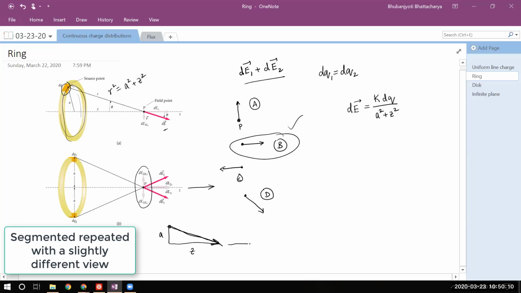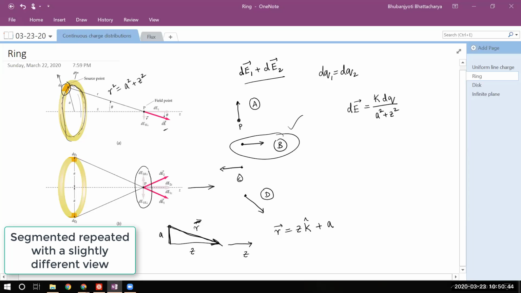And so how do we do that? Well, let's say that this is the positive z direction. So one part of this radius vector, let's call it r vector, the full vector, is just the vector that is pointing in the z direction. So we have z k hat. And the second part, which is parallel to this a, has a magnitude a, but it depends on where you're located, where this dq is located, and it kind of rotates all over this ring.